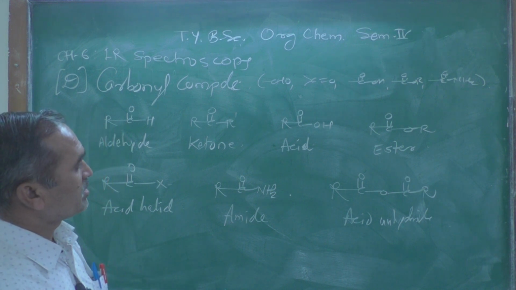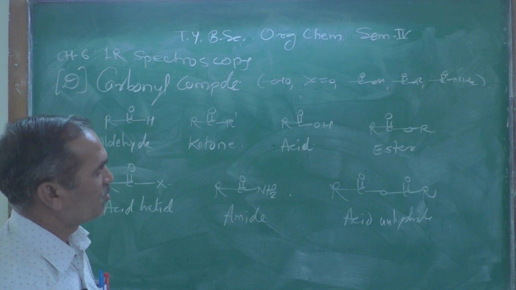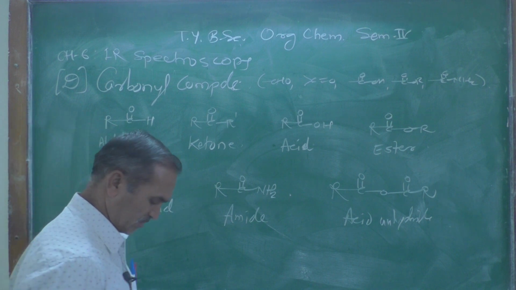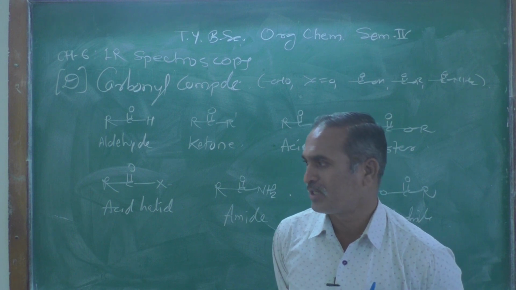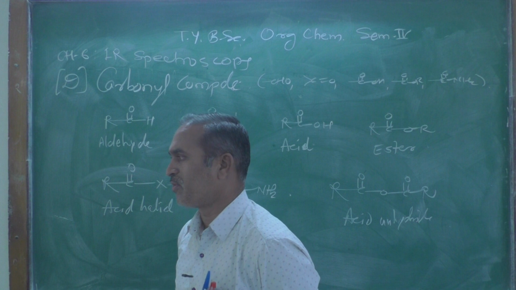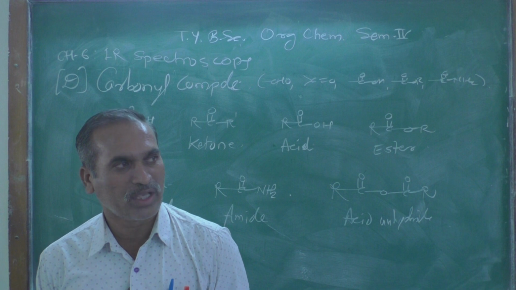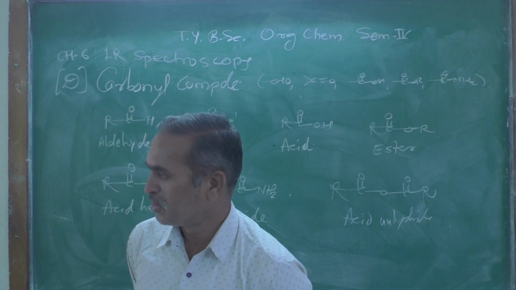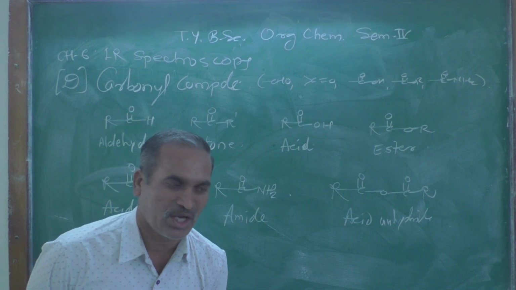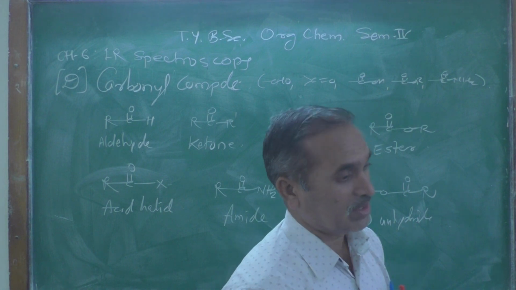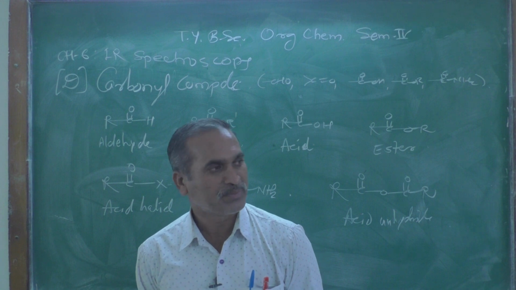Now if you see another structure carefully, that is R-C double bond OH, which is acid. Here also we can define the organic compound having general formula RC double bond OH as acid, where R may be an aliphatic compound or an aromatic compound.